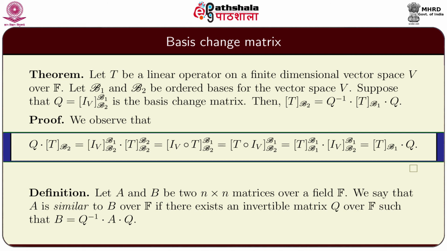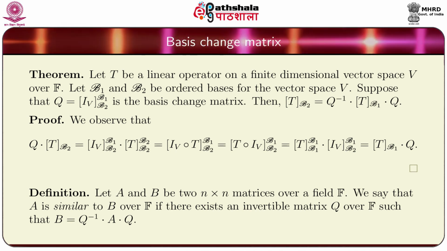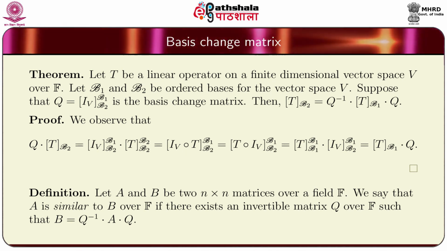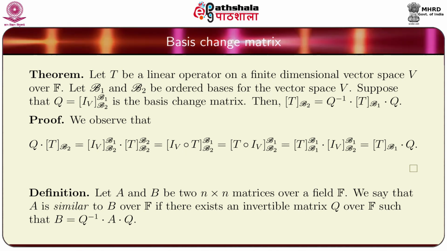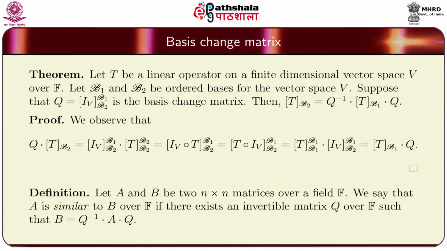But we know that I_V composition T is the same as T composition I_V. So, this is equal to [T composition I_V]_B2,B1, and that is [T]_B1,B1 times [I_V]_B2,B1. But [I_V]_B2,B1 is Q, therefore this is [T]_B1 times Q, and therefore Q [T]_B2 Q inverse is equal to [T]_B1. This proves the theorem.